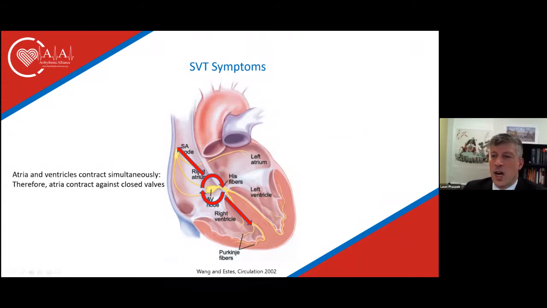So what happens is the upper chambers, when they contract, instead of contracting into a ventricle that's ready to accept the blood, because the ventricles are contracting at the same time, this valve between the upper and lower chambers of the heart is closed. As a consequence, the blood in the atria can flow backwards, and in this case, flow upwards toward your neck, leading to a feeling of fullness in the neck. So it's not just a faster heart rhythm, it's an abnormal sequence of events that can lead to the symptoms.